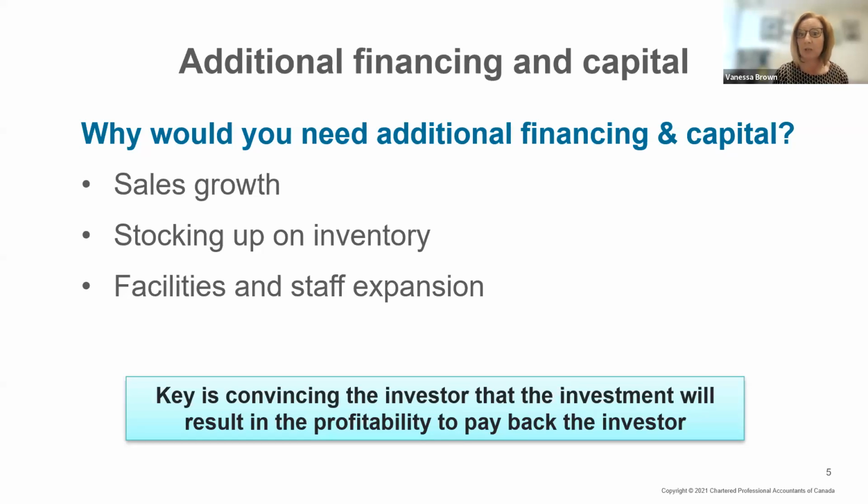So creating a sales forecast, if you're expanding your sales growth, creating a plan and knowing what your cost to expand that facility is going to be, how much it's going to cost you each year, and where those extra sales are going to come from, or how this facility is going to get you those extra sales. So it's all of it. If you can demonstrate that through some good forecasts, that will convince the investor.